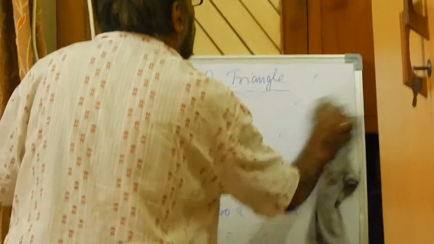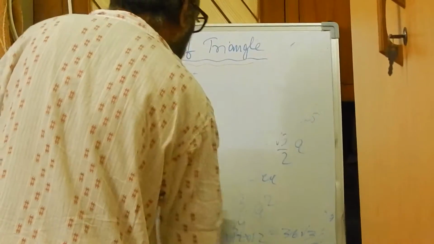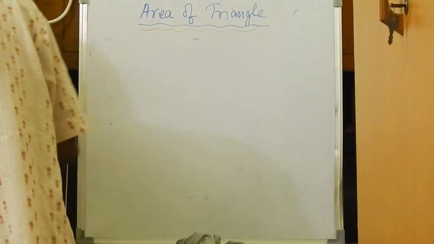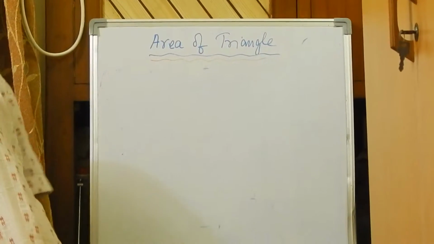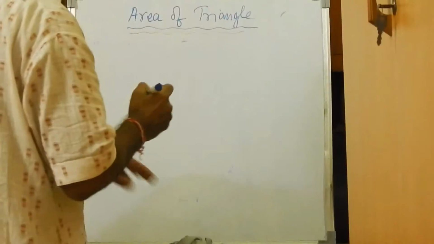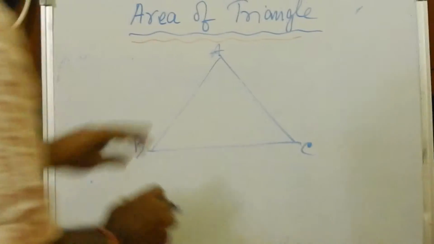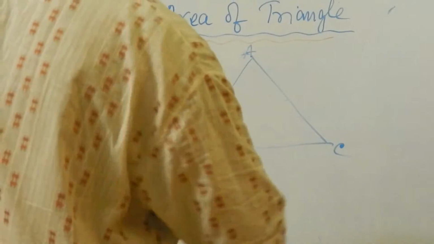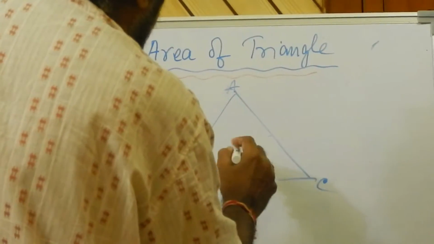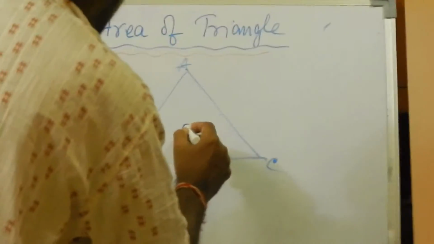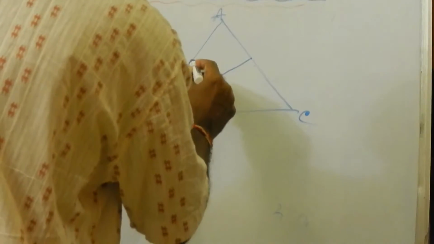Now another sum. ABC is a triangle, and from any point in the triangle, three perpendiculars are drawn on the opposite sides.